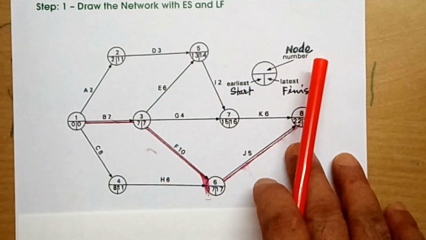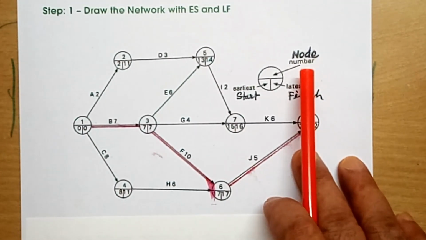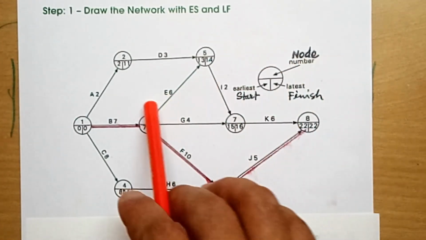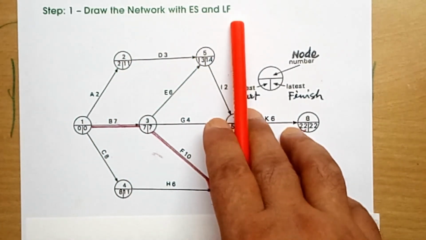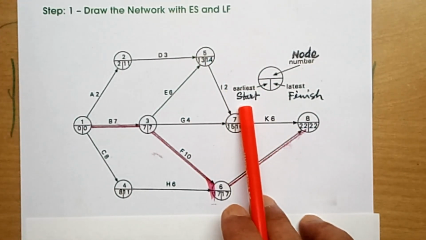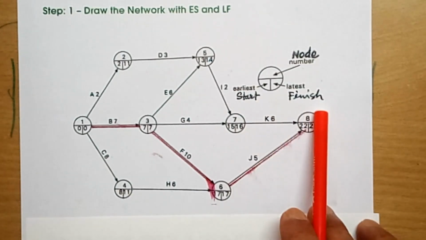We have already understood the first method, how to find the critical path, the longest path having the longest duration. But this is the second method. In the second method, the first step, obviously, is to draw the network with ES and LF. Now, what is ES and LF? ES is simply earliest start, LF is latest finish.